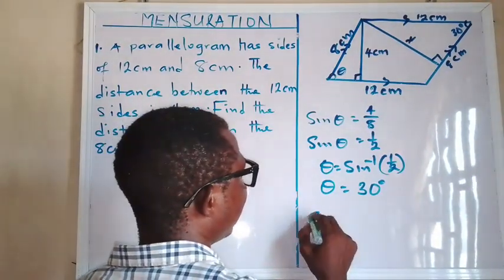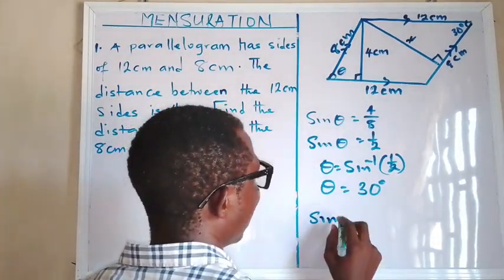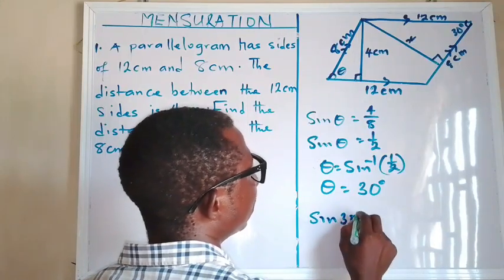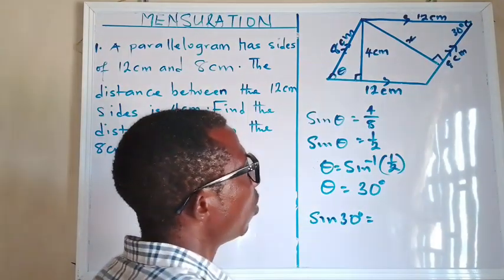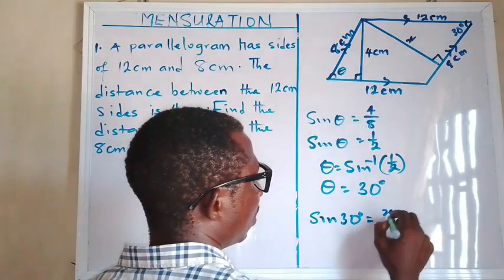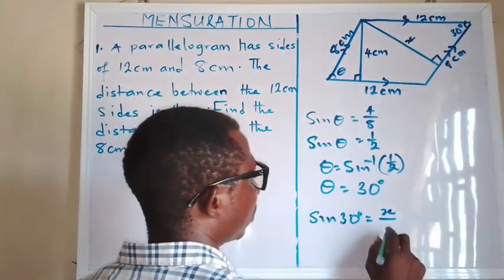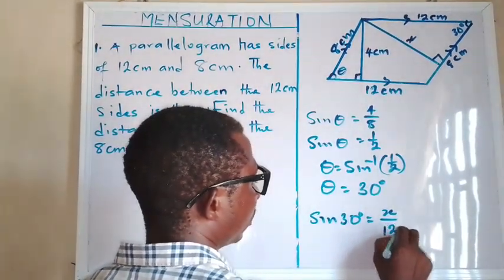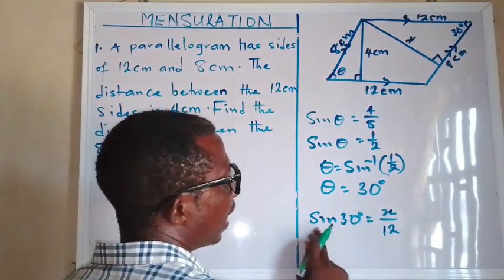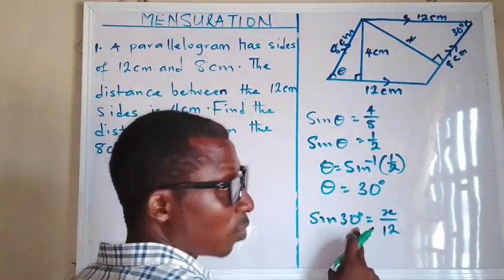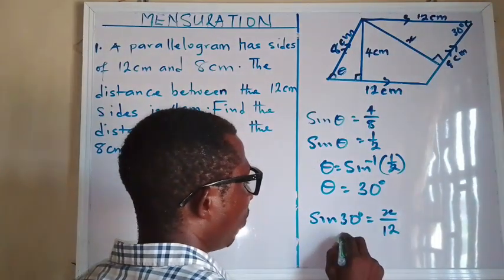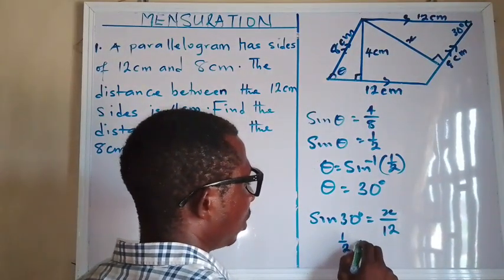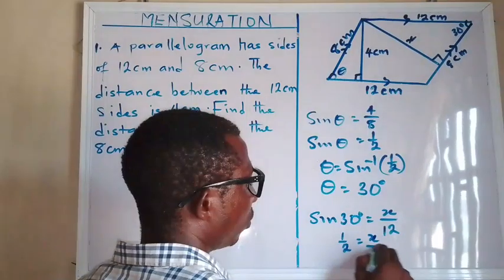So we have sine 30 degrees equals opposite x over hypotenuse, which is 12. And don't forget, sine 30 is the same thing as 1 over 2. So we have 1 over 2 equals x over 12.